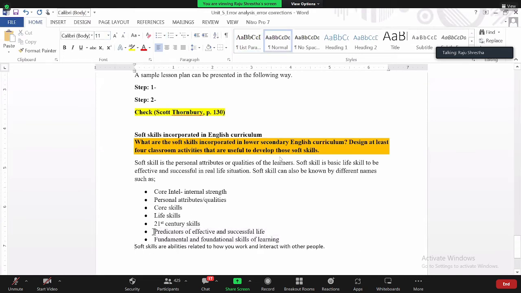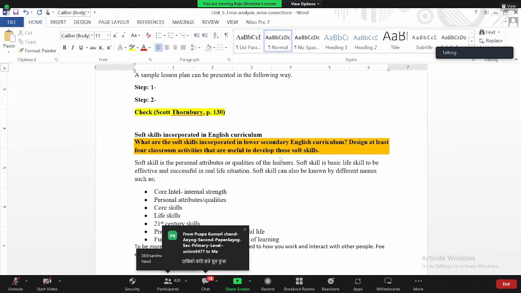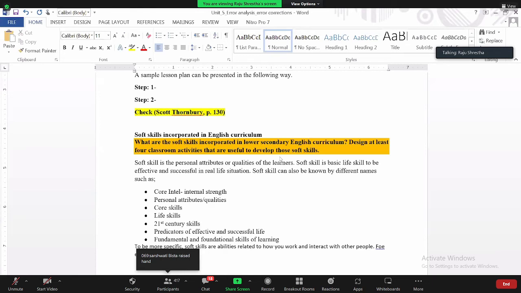Then, to be more specific, soft skills are abilities related to how you work and interact with other people.